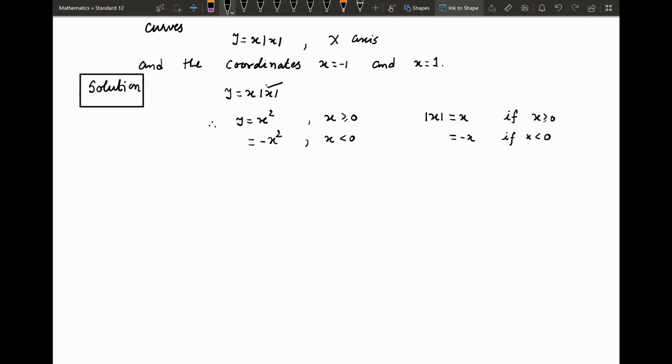So now let us draw the graph of this curve. y equal to x square for x greater than or equal to 0 and y equal to minus x square if x less than 0.